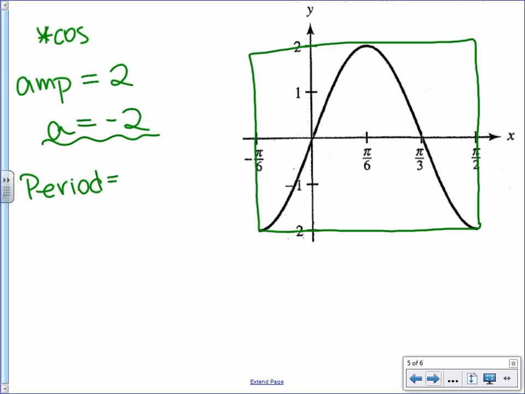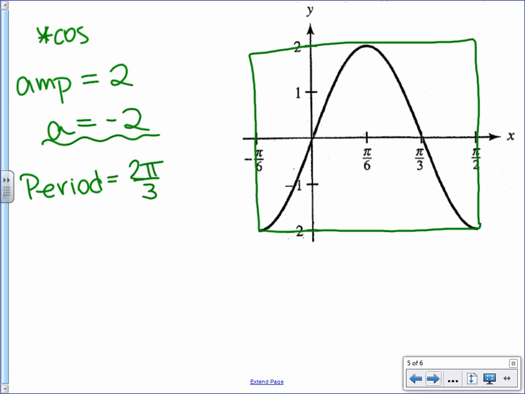Seven pi over 6 would be if it began at positive pi over 6 and ended at, well, never mind. I don't know what I did. I'm not sure either. Okay. 2 pi over 3. Okay.